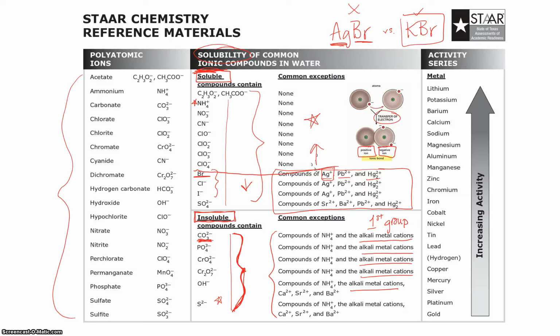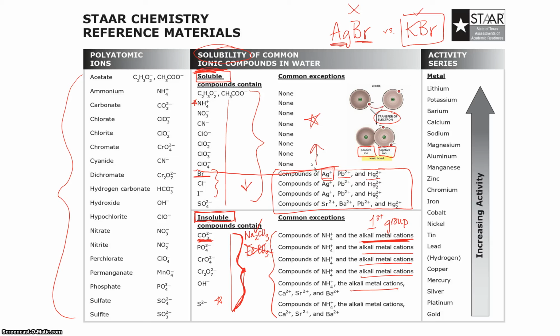For instance, sodium carbonate would be soluble because sodium is an alkali metal, versus iron carbonate, which would not be soluble.